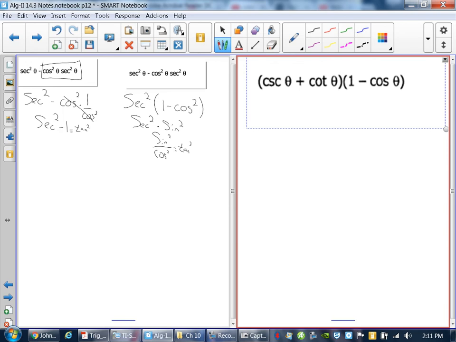Or just go ahead straight away and FOIL. I would just FOIL. It's not as clean, but it does work. That would be pretty easy to do. You have cosecant minus cosine cosecant plus cotangent minus cosine cotangent.